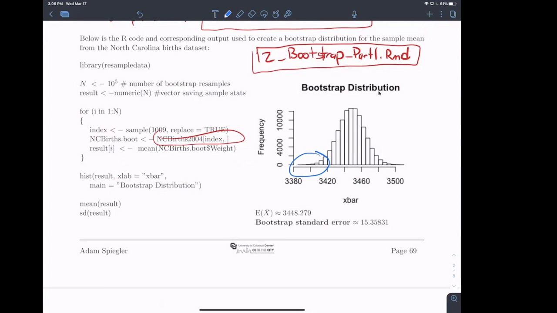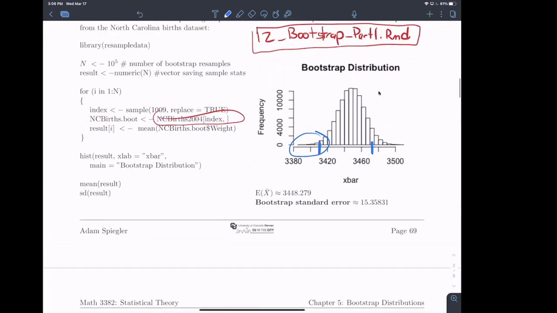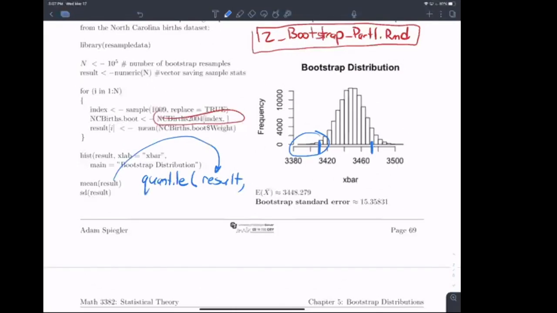So instead, what we're going to do is tell R to find these cutoffs in our interval for us. So find the 2.5 percentile. And so to find the 2.5 percentile, I would take my distribution, which I stored in result, and then I want to calculate, say, the 2.5 percentile of that.